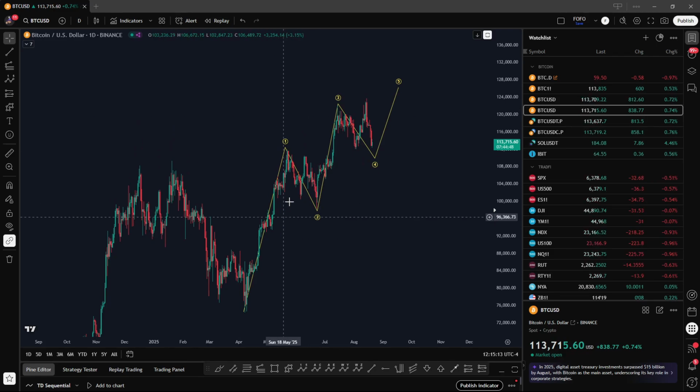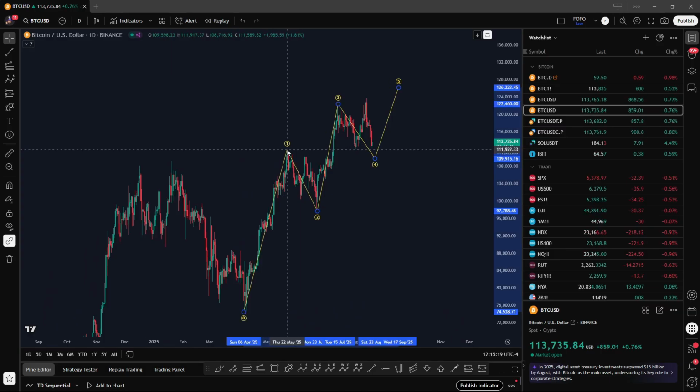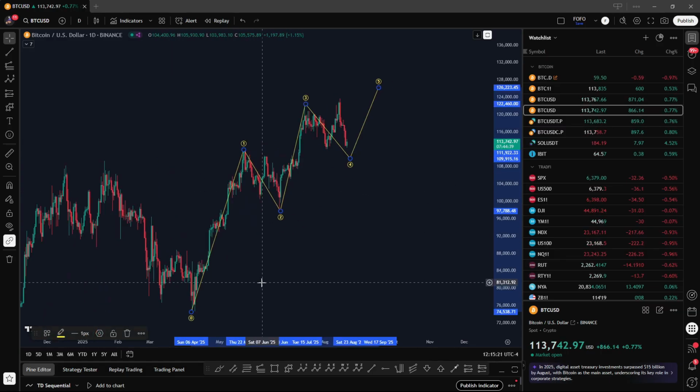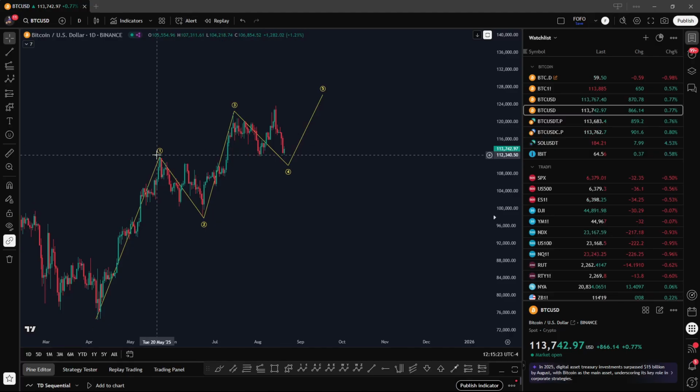One, is there a way to count this as an impulse? Yes. So I'm going to skip over that part. This one's ambiguous, this move here. First of all, in order for this to come down here and be a flat, you've already overlapped the first wave. So that already makes it so it can't be a 4.